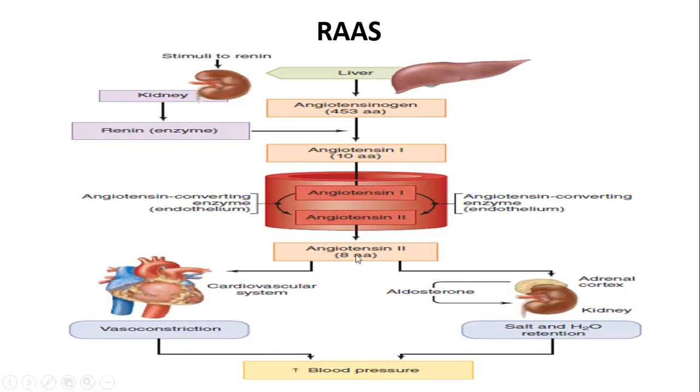Then the other thing is that it will go to the adrenal cortex, the suprarenal glands. The suprarenal glands are going to produce what we call aldosterone, okay? Aldosterone is a hormone that affects the distal tubule, making it absorb a lot of salt, what I mean is absorbing a lot of sodium.